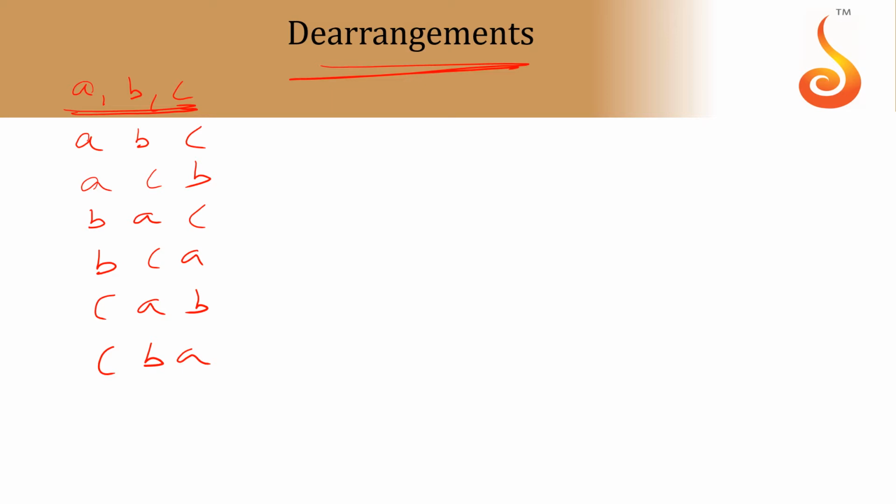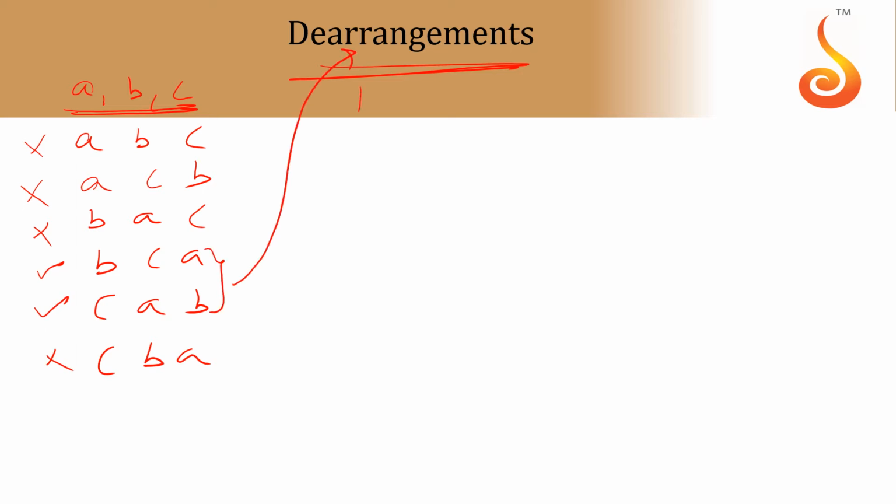Suppose if I put a condition that no student should sit in its original place. So I think this is not allowed, this is not allowed, this is not allowed, this is allowed, this is allowed, this is not allowed. These two are called derangements.